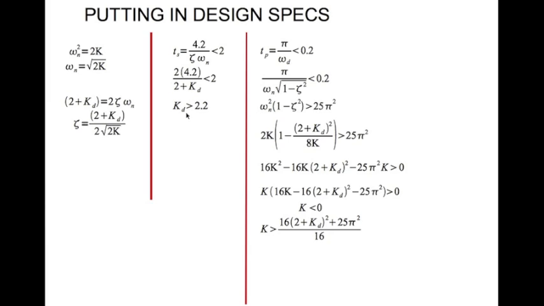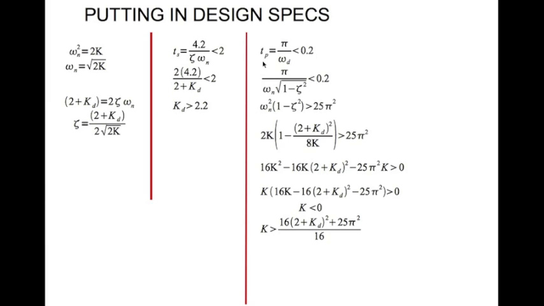One, you have to have kd greater than 2.2. The other says that k should be greater than [16 times (2 plus kd) the whole squared plus 25 pi squared] divided by 16. So you can choose any value of kd greater than 2.2 and then find out the minimum value of k that you require to satisfy the peak time constraint.